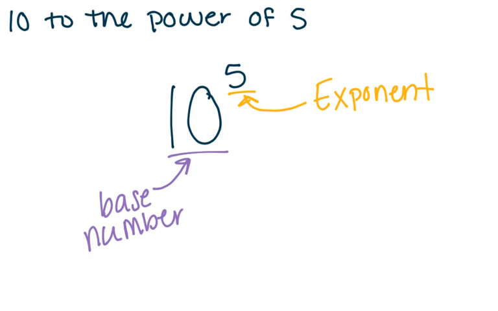So you might see it as 10 with this little floating caret looking symbol, 5. That is the same thing as 10 with the floating 5. It's just written a little differently because the normal exponent form might not have been available on the computer or the calculator, but these two things are the exact same.